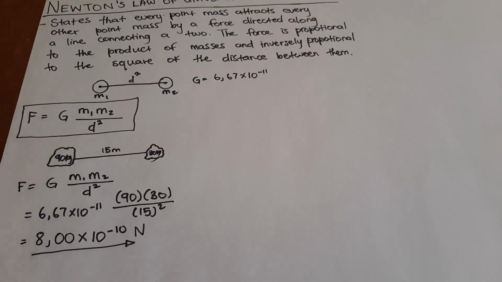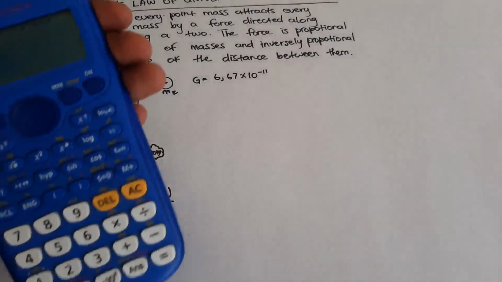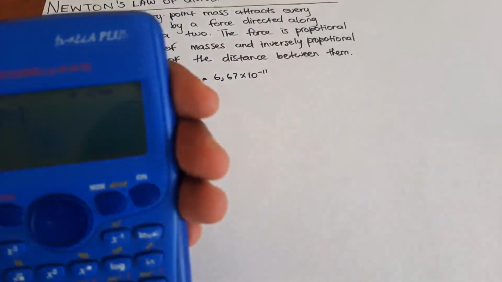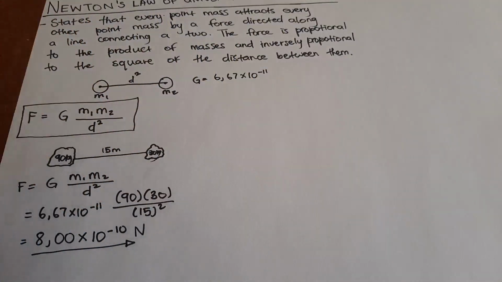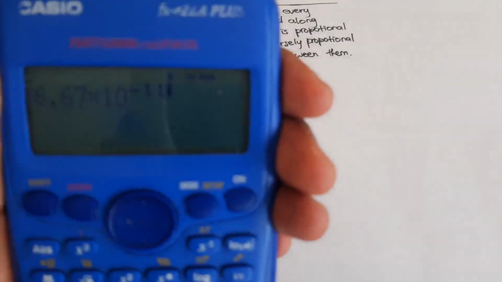So what else right now? Let's stick to our calculator skills. Maybe some of you are finding it hard to put that in your calculators. You can just press 6,67 multiply by 10, multiply by 10 to the power of negative 11, and press it like this.